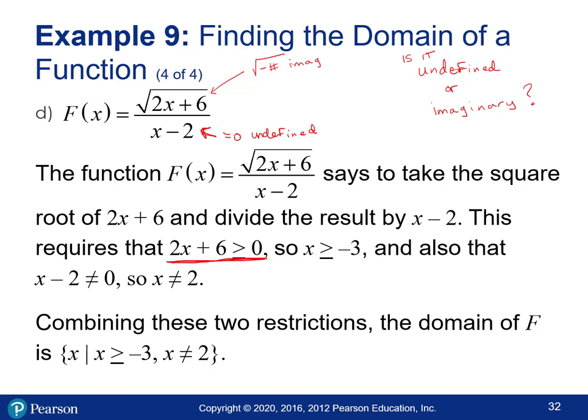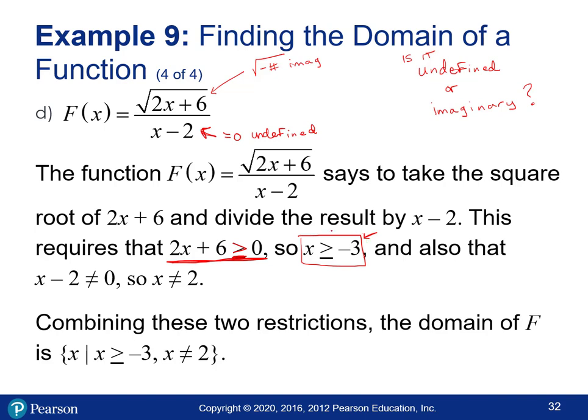And if you solve this, you subtract 6 and divide by 2. That's where this comes from. x is greater than or equal to -3. So just from saying I cannot take the square root of anything negative, so I set it greater than or equal to 0. That's this part. Okay, so this is addressing the imaginary part right here.